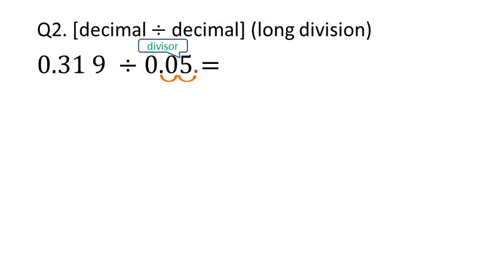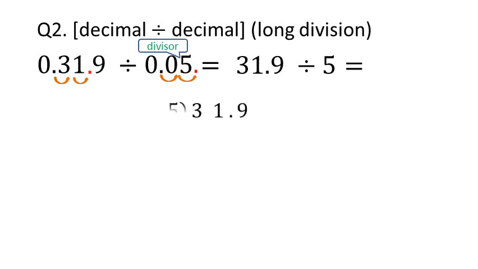We also need to move the decimal point 2 places to the right for the dividend. So 0.319 divided by 0.05 becomes 31.9 divided by 5. We can calculate 31.9 divided by 5 by long division.